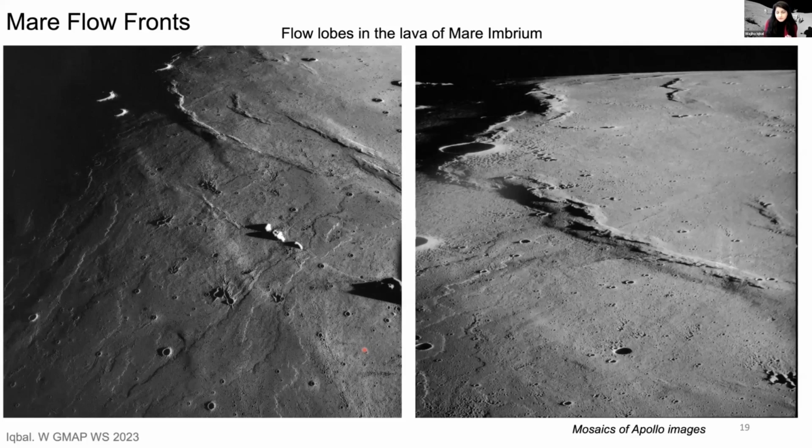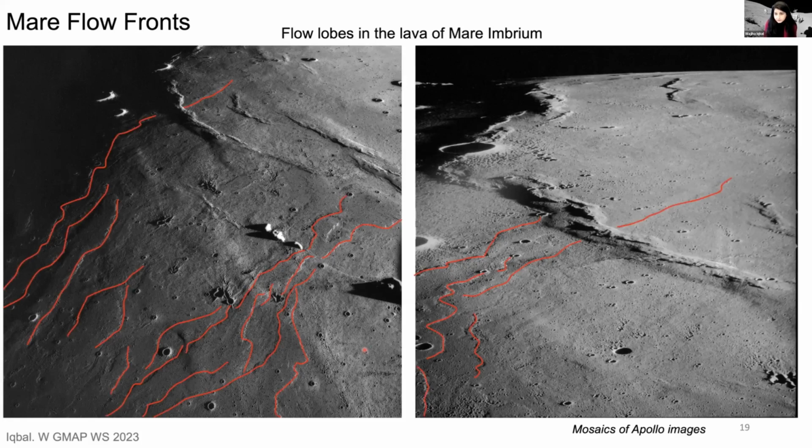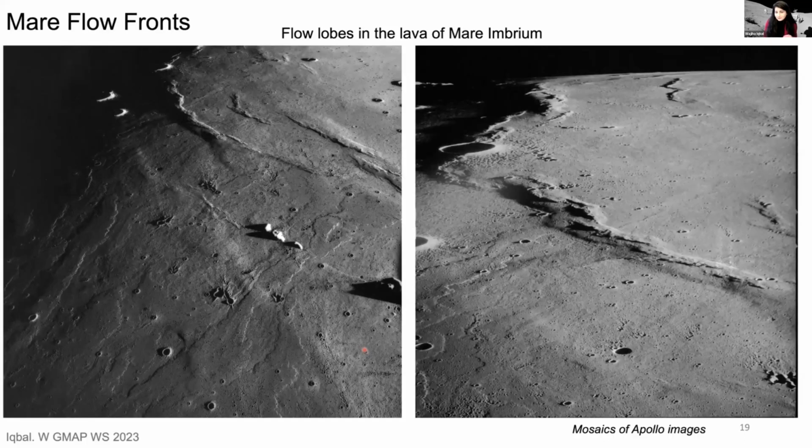Now I will show a few common features you can observe in the spectral data. Here we see some Mare flow fronts. We have to be a bit lucky to see them, because we always see them in low sun angles, or high incidence angle images.